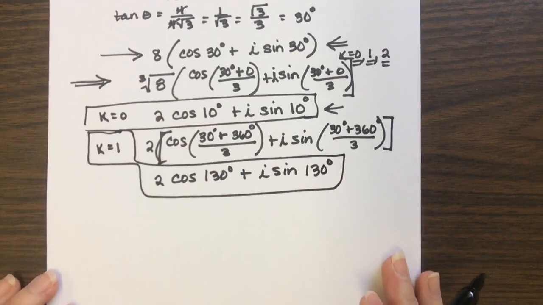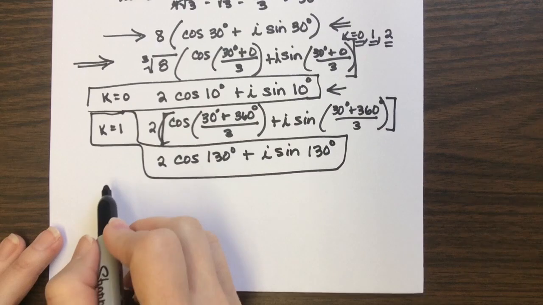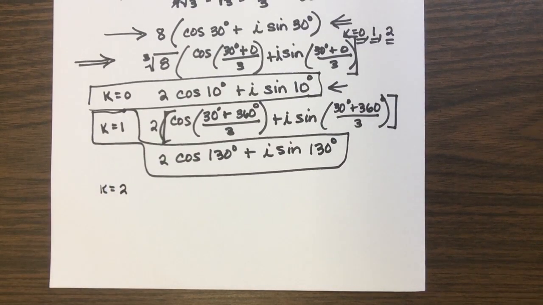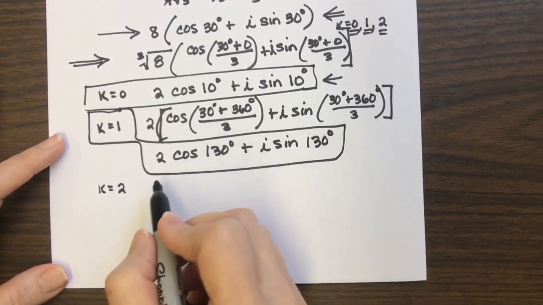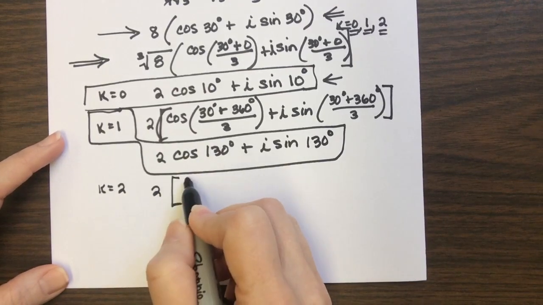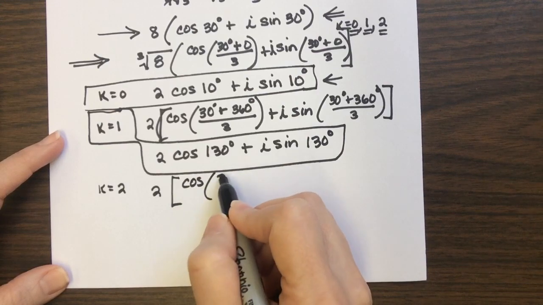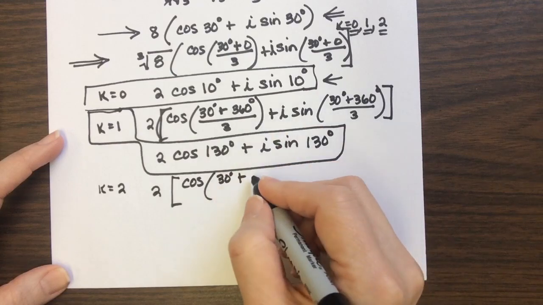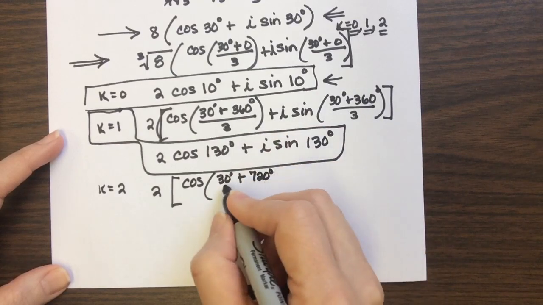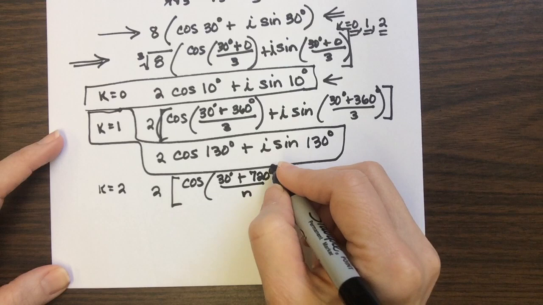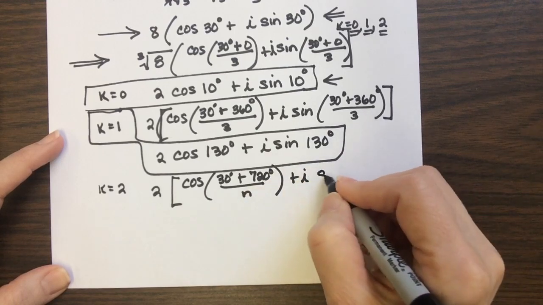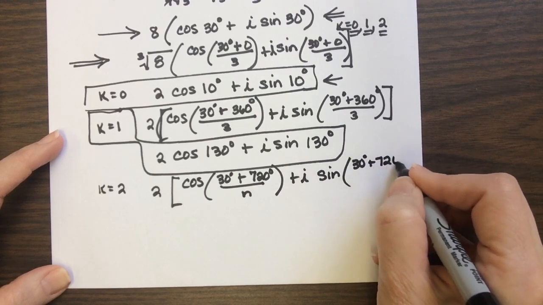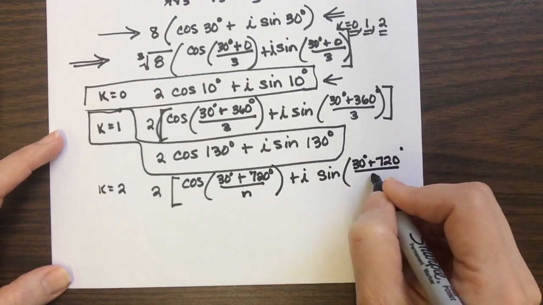We've got one more of those to do. So my last one to do is to find my third root when k is 2. So when I plug this in, I get 2 times the cosine of 30 degrees plus 360 times 2, which is 720, over n, plus I times the sine 30 degrees plus 720 over n, which is 3.